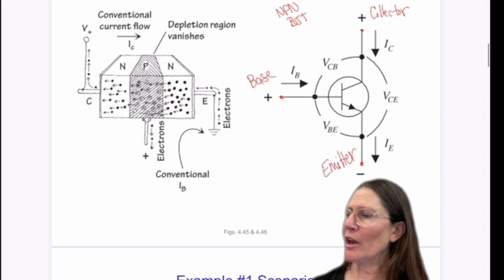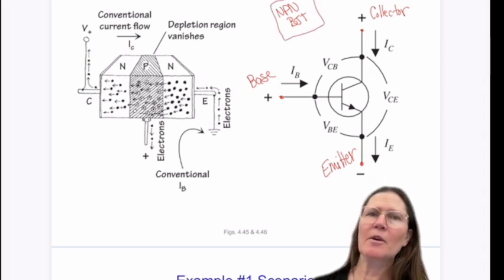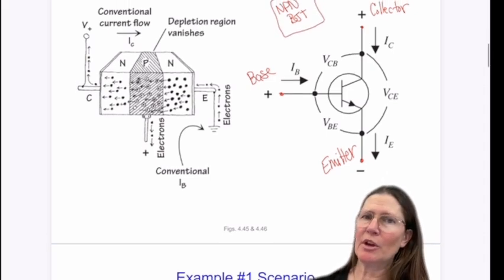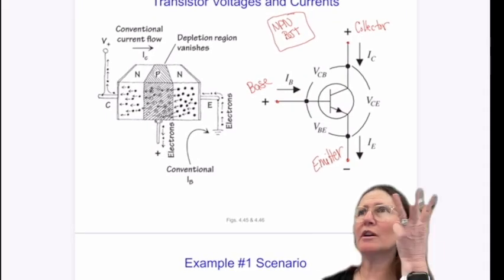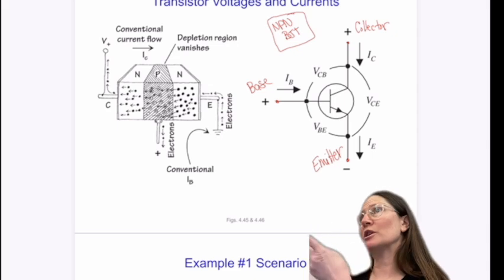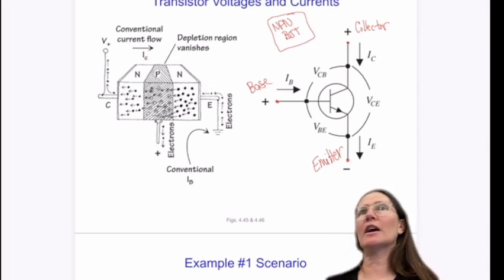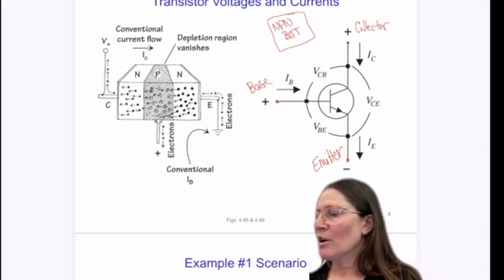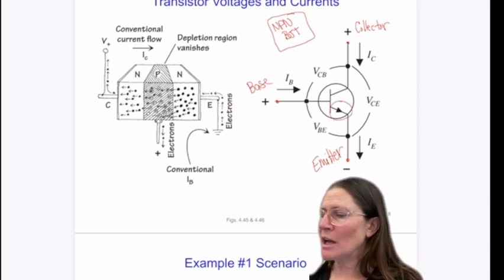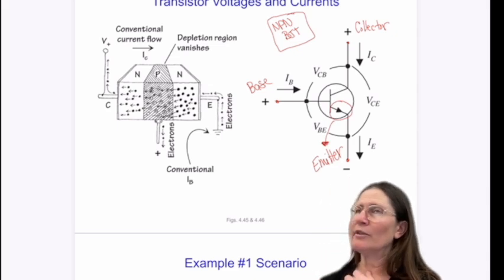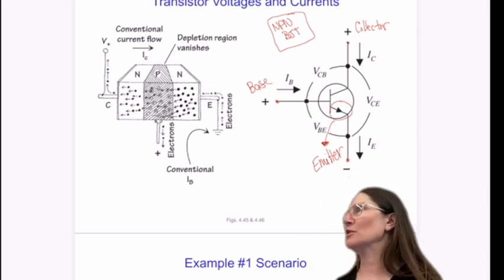This is an NPN BJT. The emitter side is the one with the arrow, and that's how you know which orientation it has.